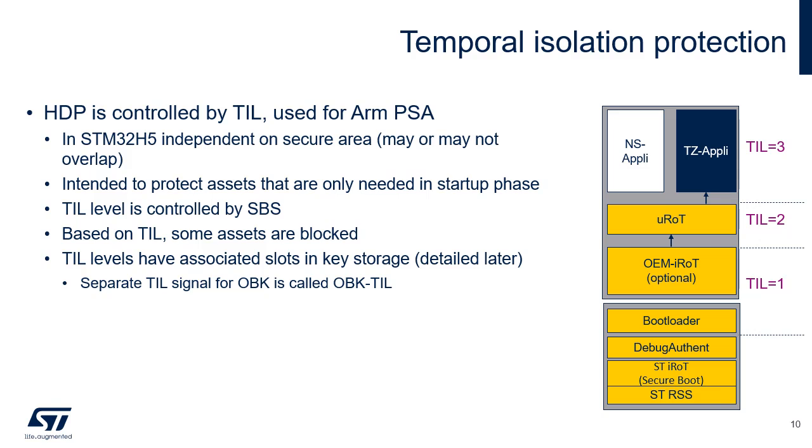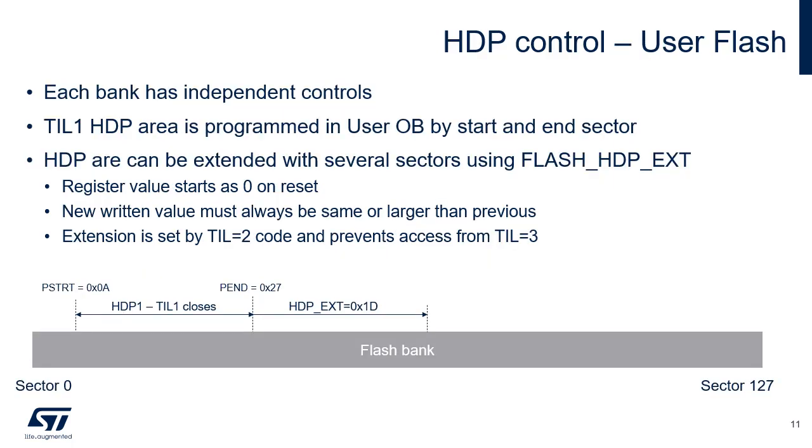The same mechanism works on a smaller scale in a dedicated key storage mechanism called the OBK. The area associated with TIL1, which is blocked by incrementing to level 2, is configured using option bytes. The threshold between TIL2 and TIL3 is a volatile setting in a flash register called the HDP extension.